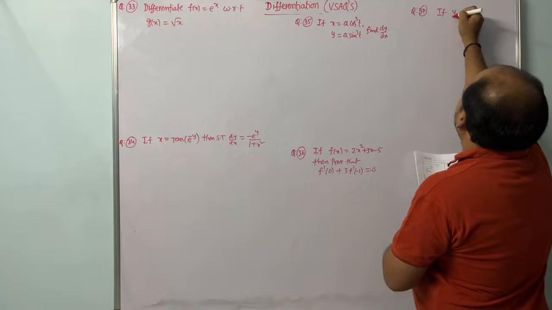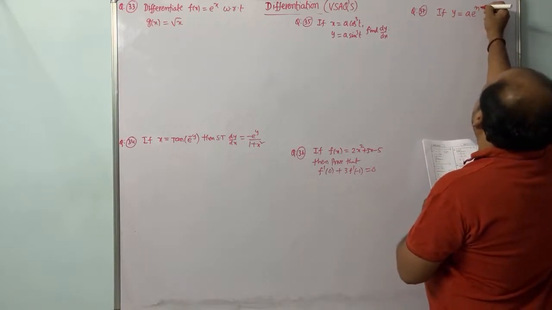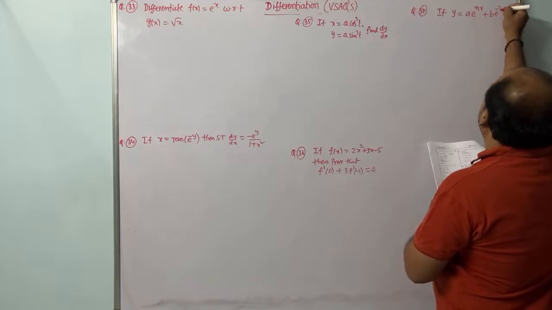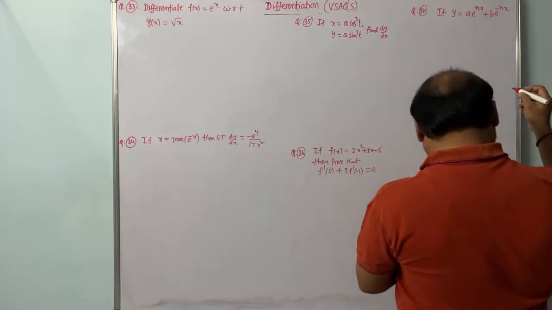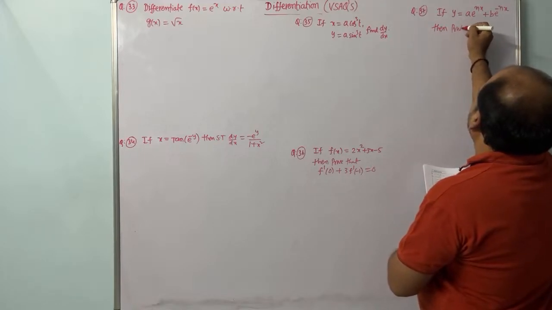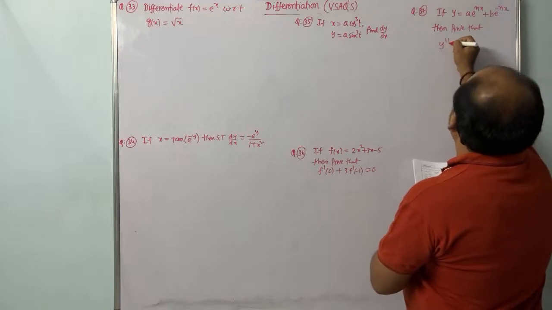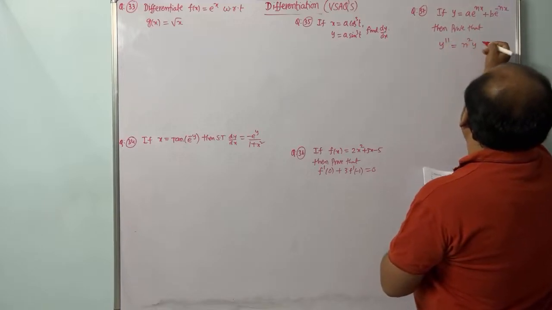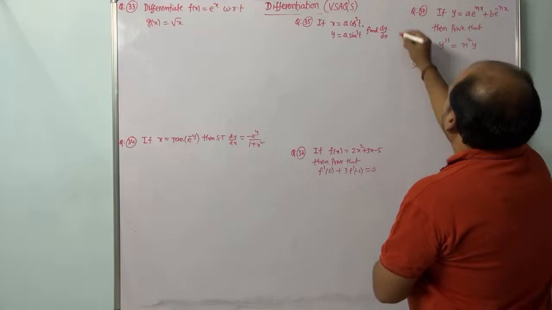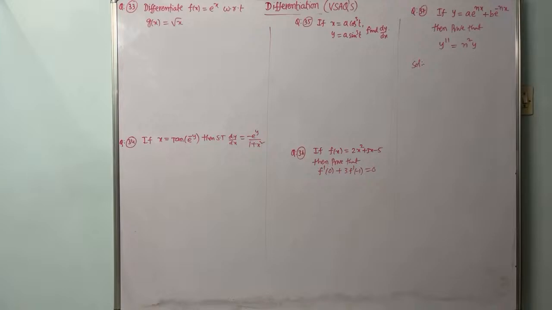If y equal to a e power nx plus b e power minus nx, then prove that y double dash equal to n square y. So these are the questions we are going to solve now.